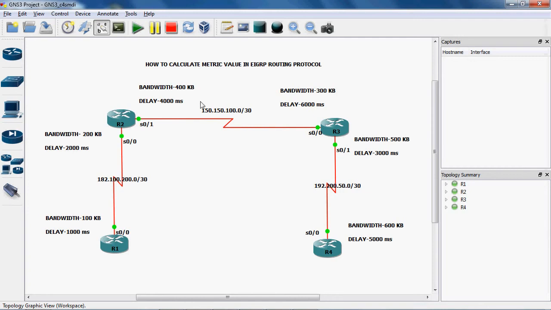The indirectly connected networks are 150.150.100.0/30 and 192.200.50.0, which are learned. So for these networks we calculate the metric value. First of all we have to find two things: one is the advertised distance and the other is the feasible distance.